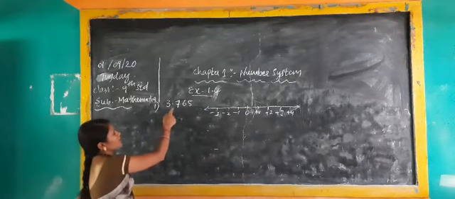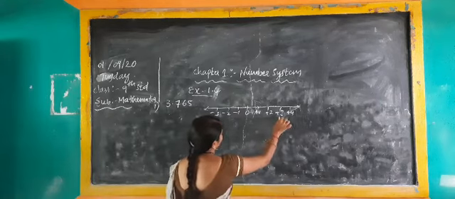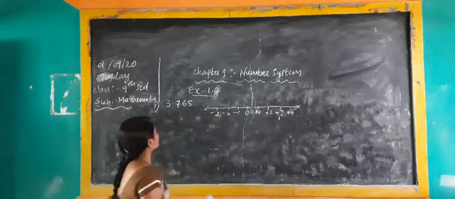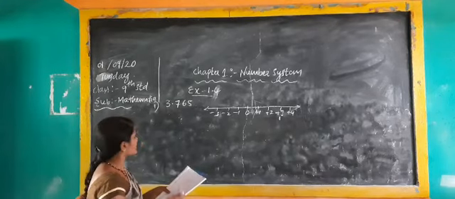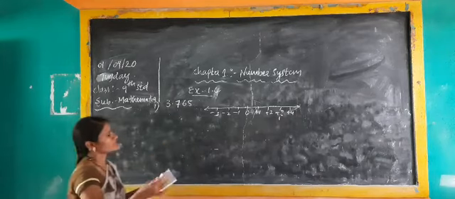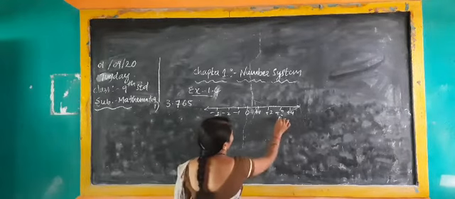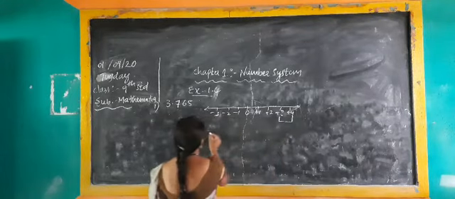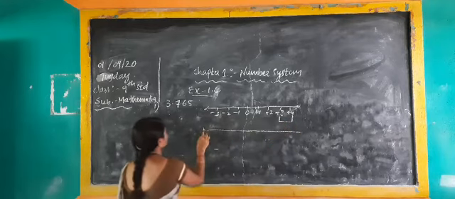Here they said 3.765. Where is it? Here is the 3. Yes or no? I need 3.765, so I need 3.1, 3.2, up to 3.7. First you see the 3.7, afterwards 6, afterwards 5. Draw 3 to 4. You have to see 3 to 4, so here should be 3.